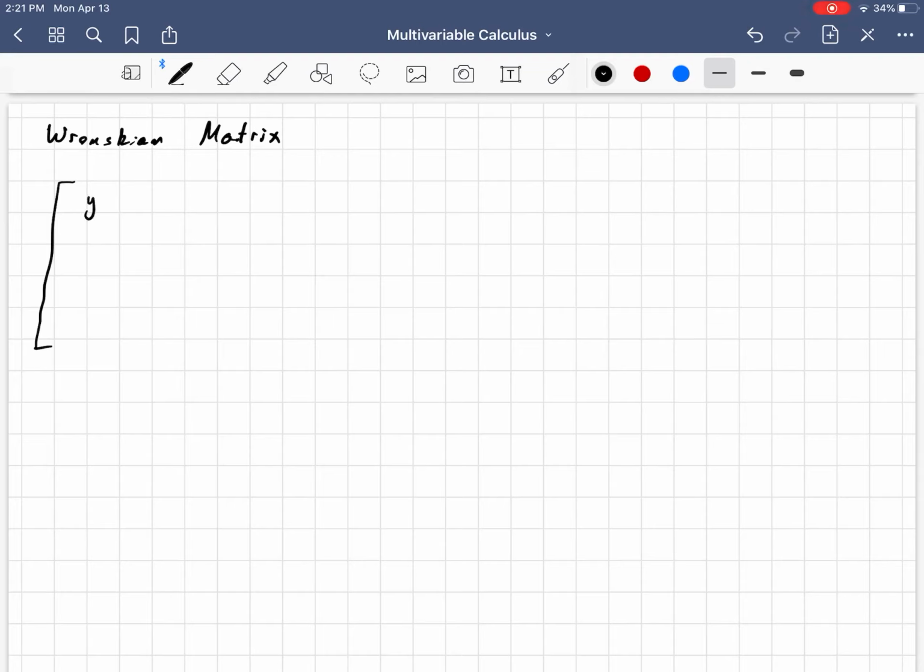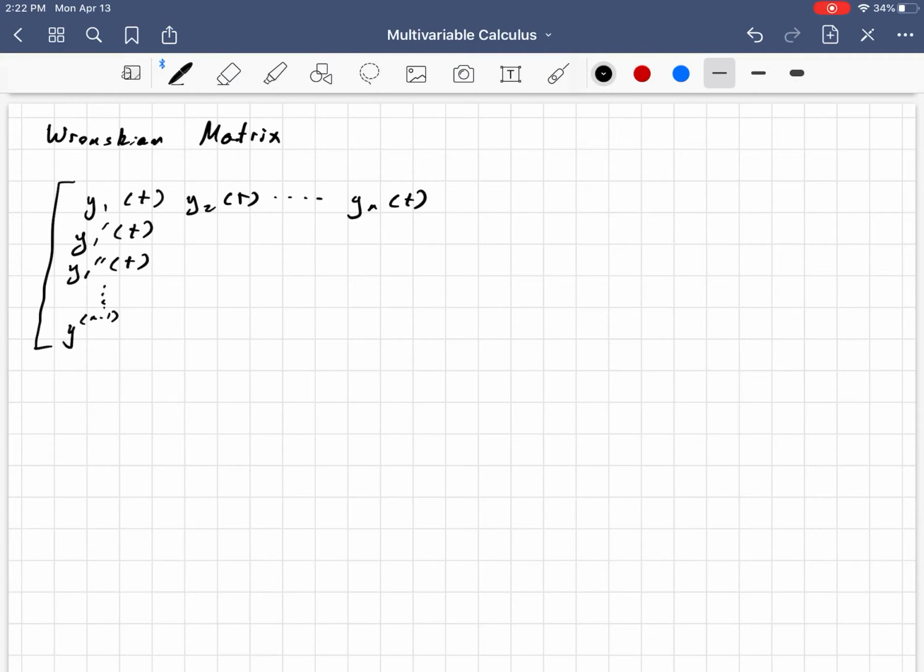And the Wronskian matrix is a square n by n matrix, and it looks like this. We have n functions called y sub 1 of t, y sub 2 of t, up to y sub n of t.